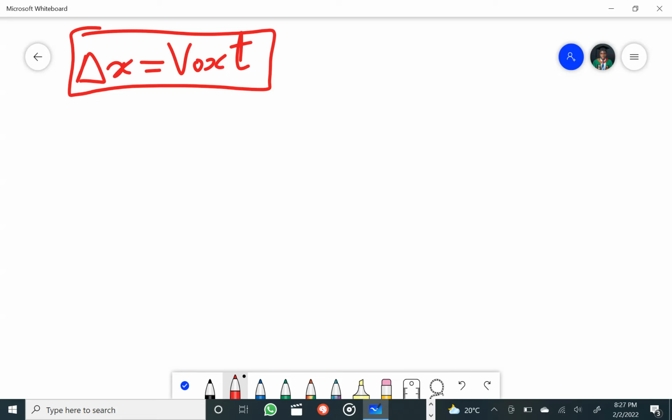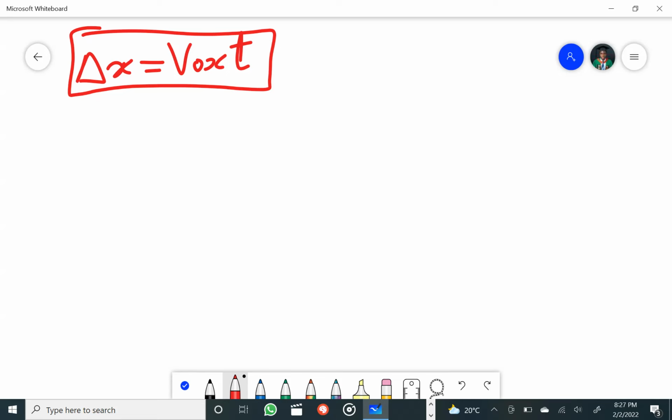If this parcel takes long to reach the ground, then because the plane is also moving at 40 meters per second, the parcel is going to travel along the ground for a greater period of time, isn't it? So that's very, very important to take note of.